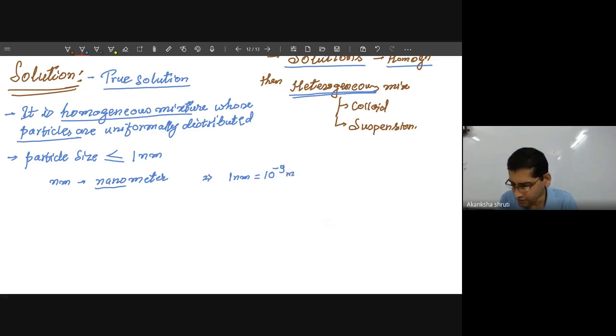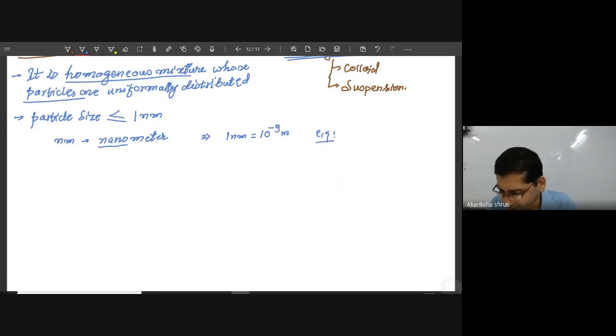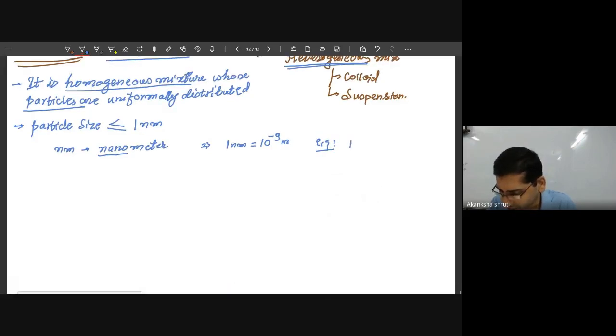Like you already know, if we take a millimeter, what do we mean by millimeter? It is 10 to the power minus 3 meter. In a similar fashion, this nano is a prefix which indicates 10 to the power minus 9. It means 1 by 10 to the power 9 of a meter.